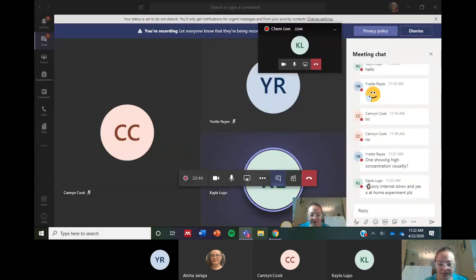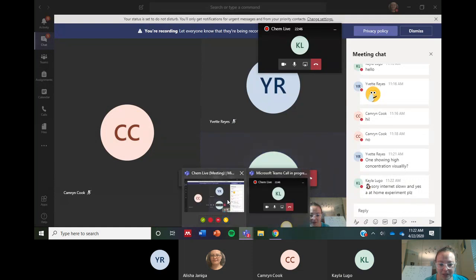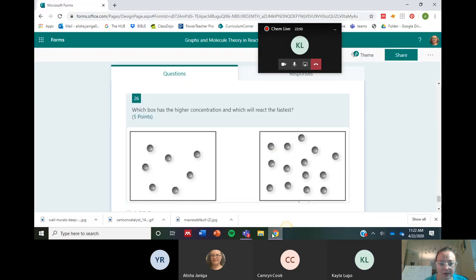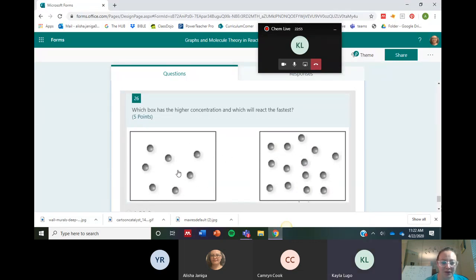All right, I'll go over this question and then we'll go over an at-home experiment. So over here, this one has fewer particles than the one on the right does. And so this one on the right has a higher concentration.